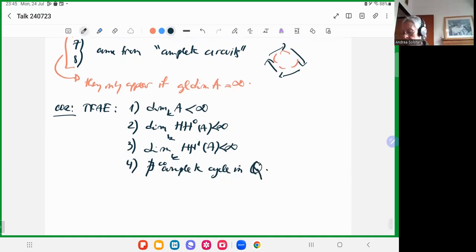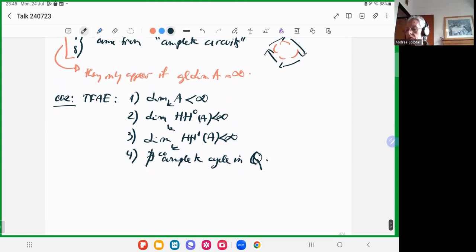So we can recognize easily from the quiver or from the Hochschild cohomology in degree 0 or 1 if the algebra is finite dimensional or not.